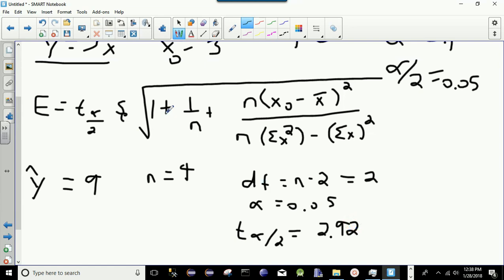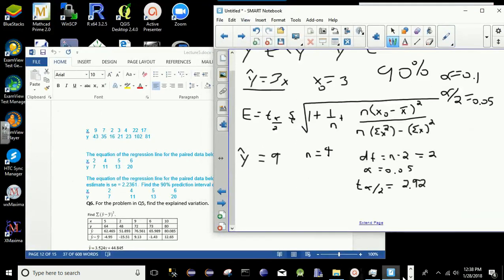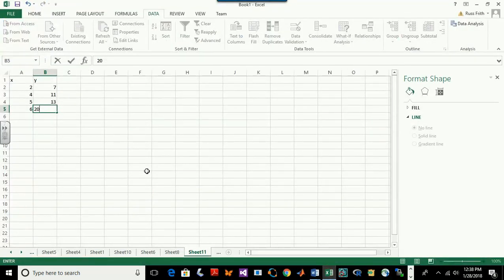All right, so now we need to compute E, our margin of error. We can use Excel to compute the margin of error. So margin of error is equal to 2.92, that's your T, times the standard error, which was given, right?